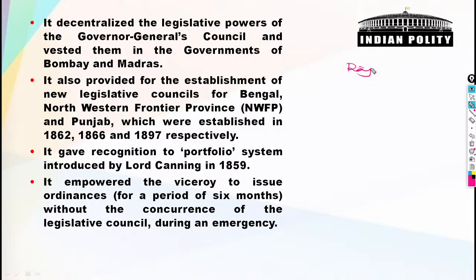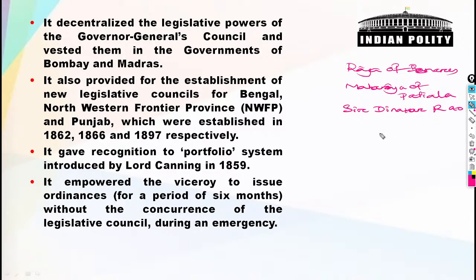They were nominated as non-official members without voting power. History is silent about the name of the Maharaja of Patiala also. These three members were nominated to the Viceroy's executive council.